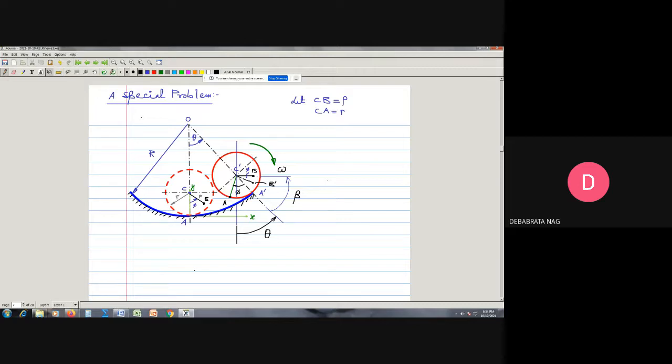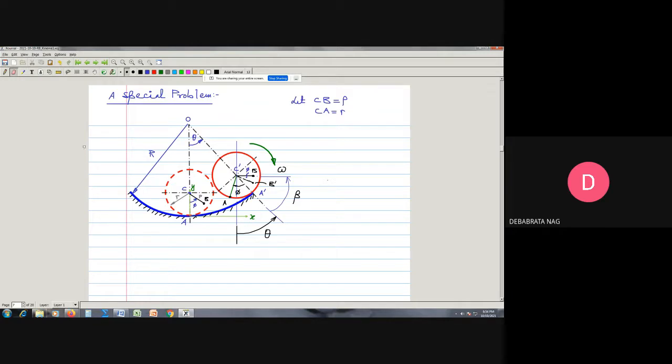In continuation to that discussion, today we will take up a special problem. This problem finds an important application in different engineering examples.